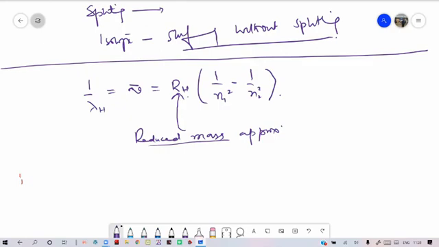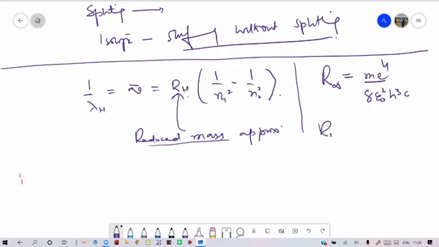It is directly involved in the Rydberg constant: mass of the atom, mass of the nucleus. For an infinitely heavy nucleus, it becomes Me^4 divided by 8 epsilon naught square h cube c. It is this.